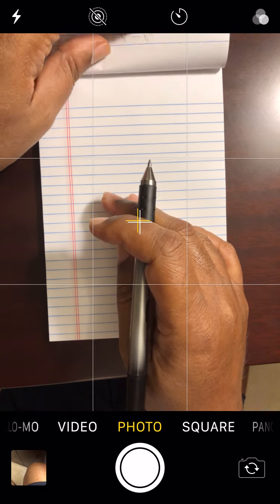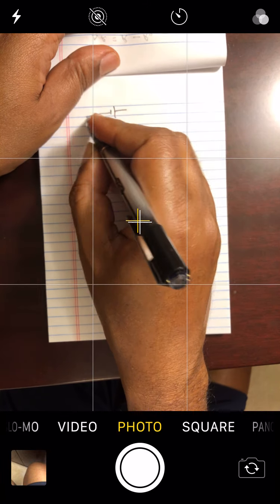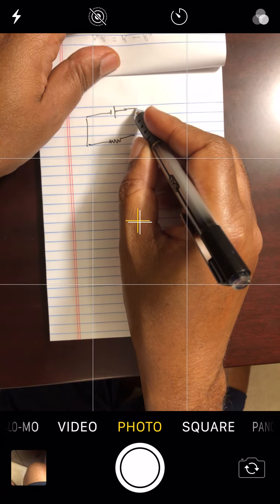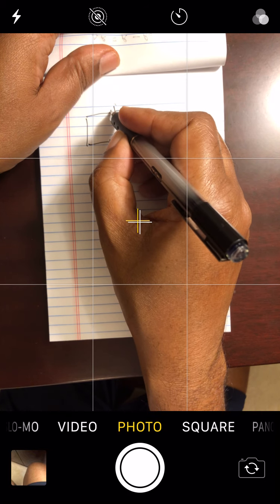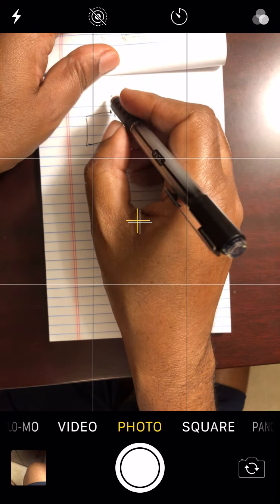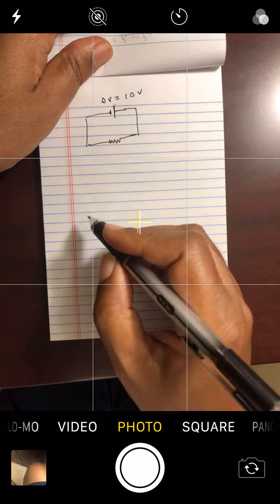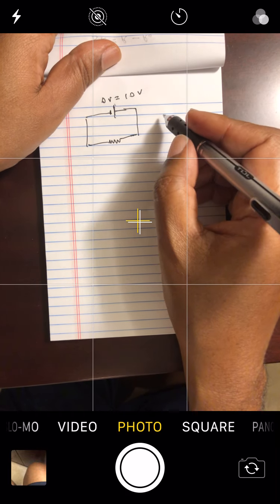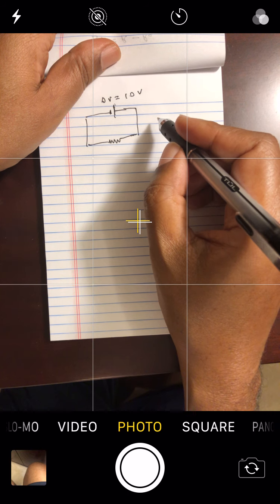So we have a battery connected to a resistor. The potential difference produced by this battery, that's delta V, is 10 volts. Now this resistance has a value of 40 ohms at a temperature of 20 degrees centigrade.